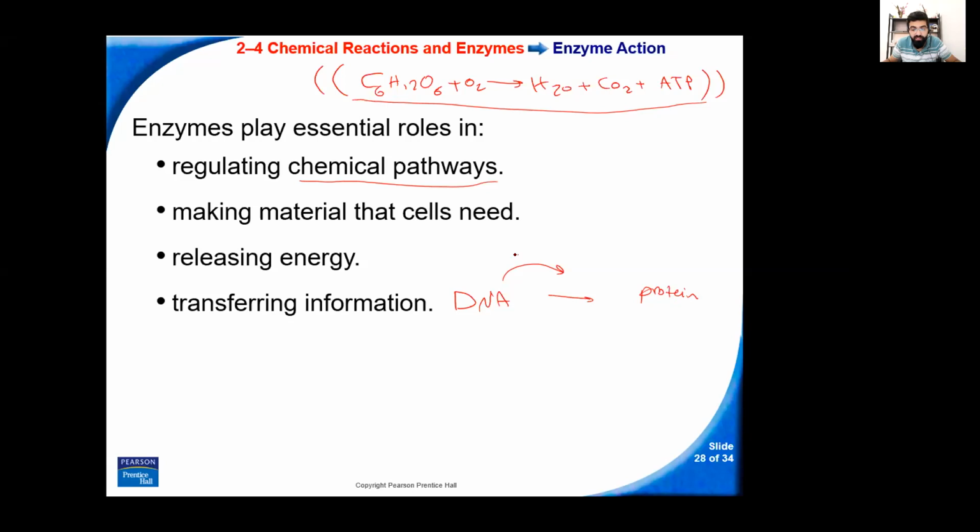The message is written by enzymes. Enzymes write the message. The message, by the way, is RNA, mRNA. We're going to talk about this in detail. So the idea is that enzymes are used to write the messages to build up the protein.